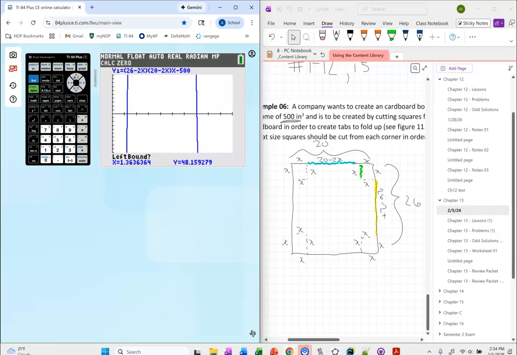That's fine. I'm basically just watching for the y-coordinate to go negative. I'm going to press enter. Now for my right bound, I'm just going to keep pressing right until I see this y-coordinate go positive. It's gone positive. That's good enough. Press enter again. So 1.2 is one of my possible values for x.